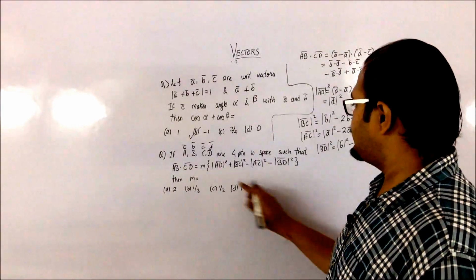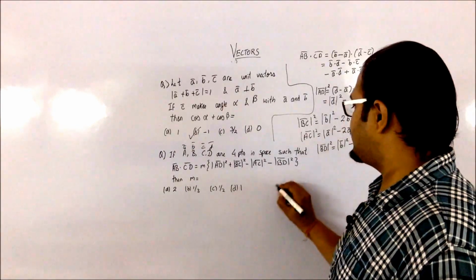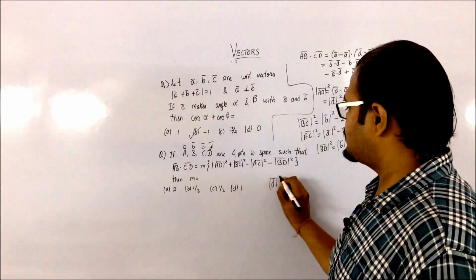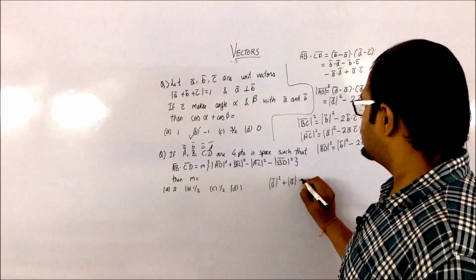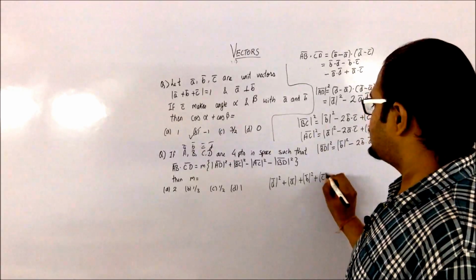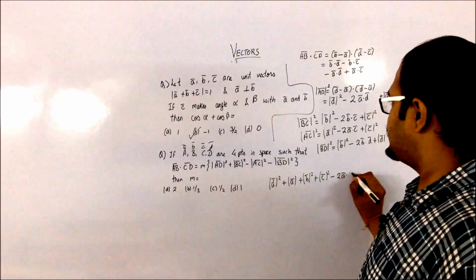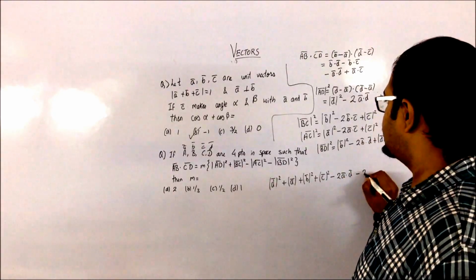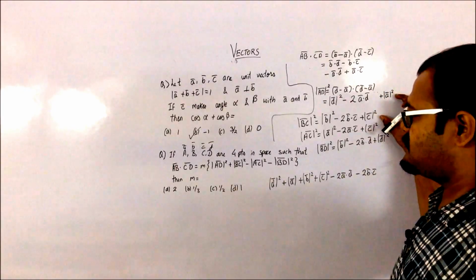So if I just substitute in this, let's find what I'm going to get. I will be getting the addition of these two. If I add these two, I will be getting D bar's magnitude plus A bar's magnitude plus B bar's magnitude plus C bar's magnitude minus 2 A bar D bar minus 2 B bar C bar. So I have just added these two terms.